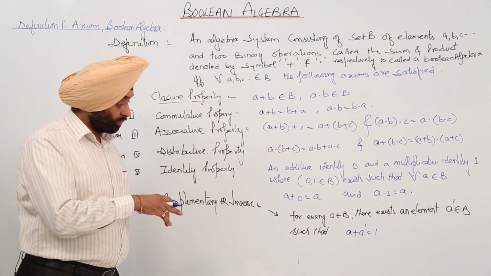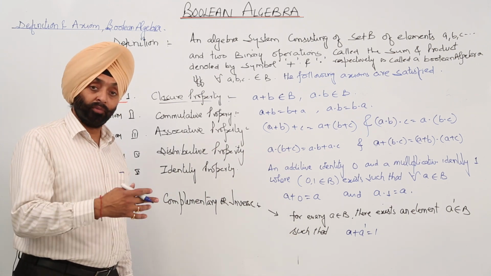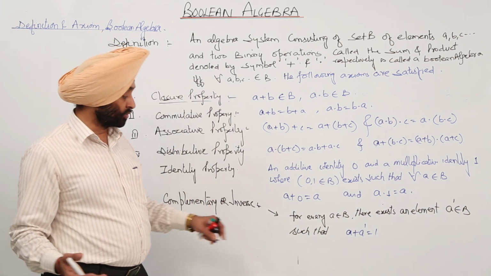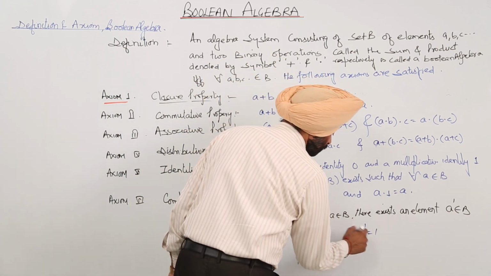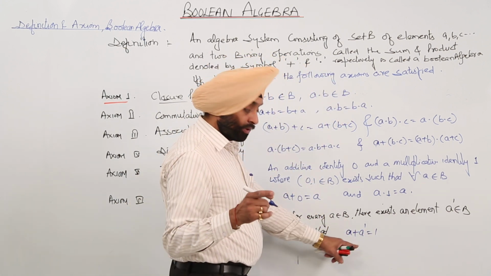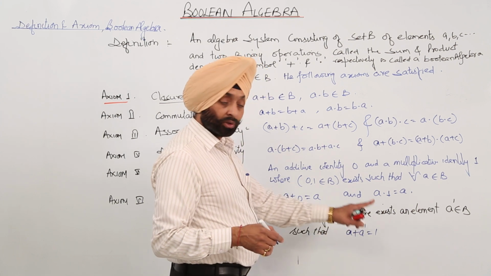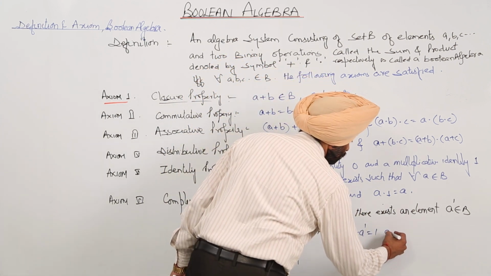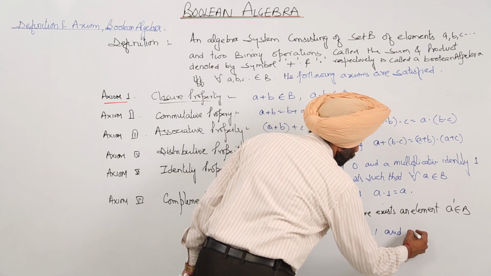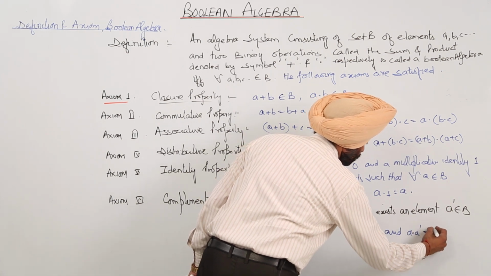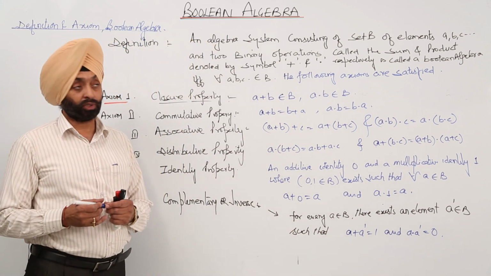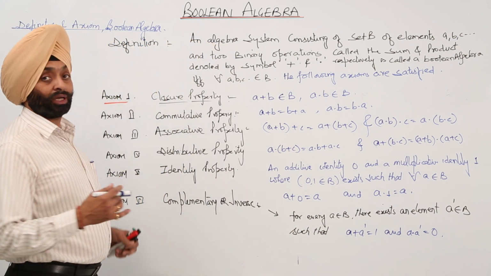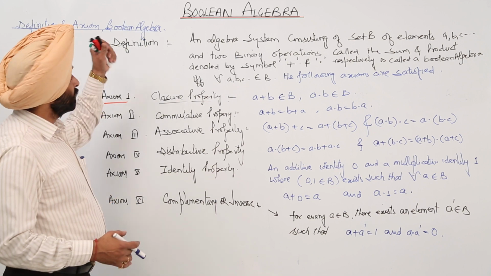A plus negation of A is equal to 1, A plus prime of A is equal to 1, you can pronounce it any way. Such that A plus A complement is 1, and A dot A complement is equal to 0. So, these are the 6 axioms, okay, which we are going to use and which are part of the definition of a Boolean algebra.